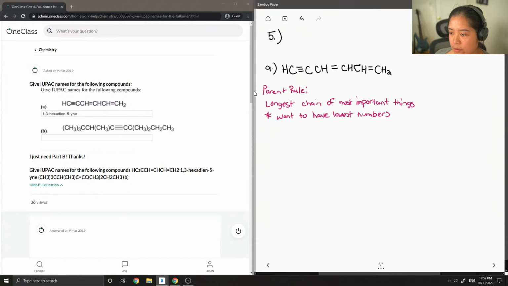It's got 2 double bonds and a triple bond here. And I'm just going to start numbering the carbons. So 1, 2, 3, 4, 5, 6. So we have 6 carbons in total.